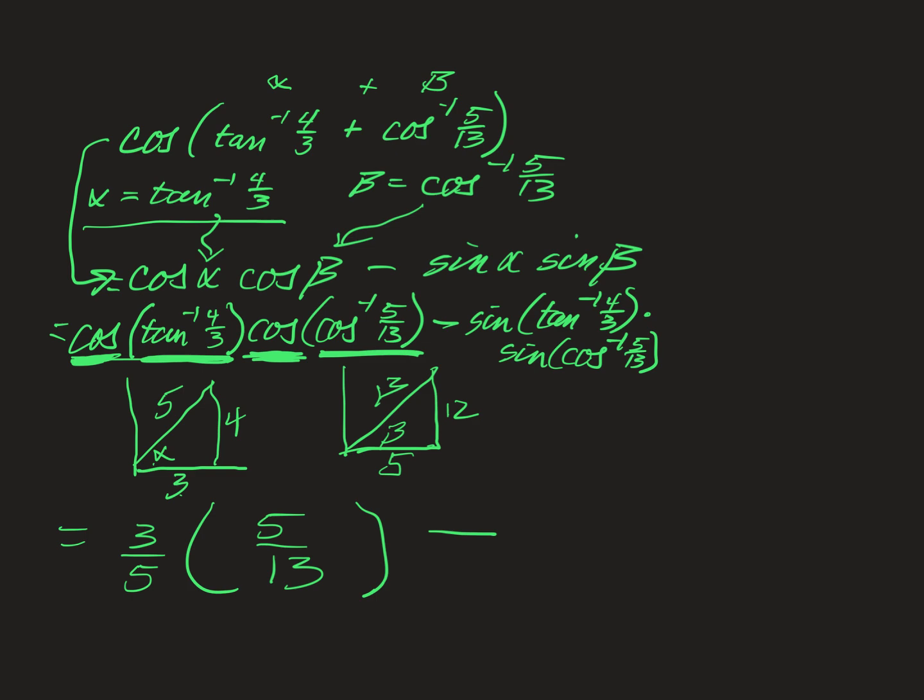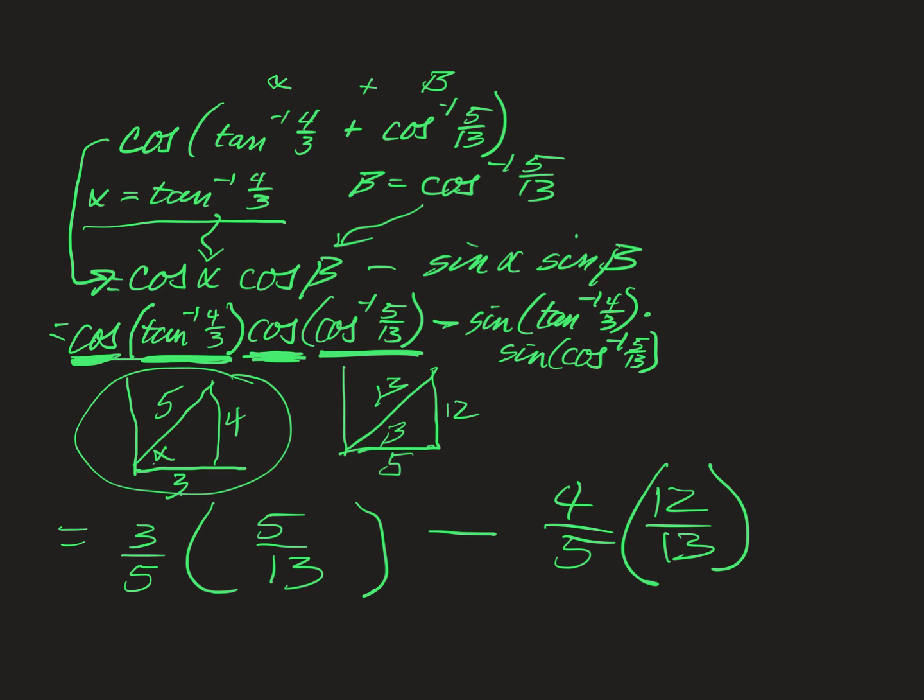So that makes sense. So now I come to the other side, and I want the sine of the inverse tangent of 4/3. Well, I can use the same triangle. That's just 4/5 opposite over hypotenuse. And I want the sine of the inverse cosine of 5/13, and that's opposite over hypotenuse, 12/13.